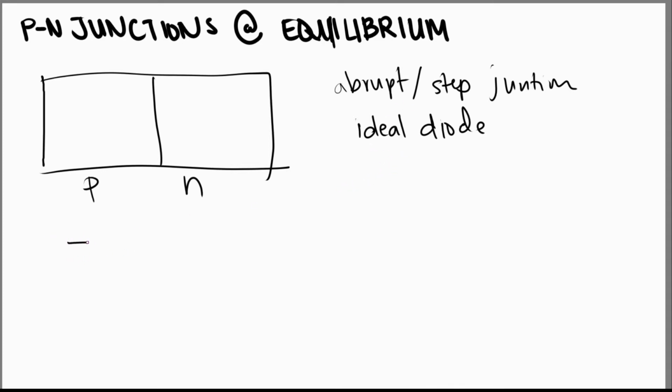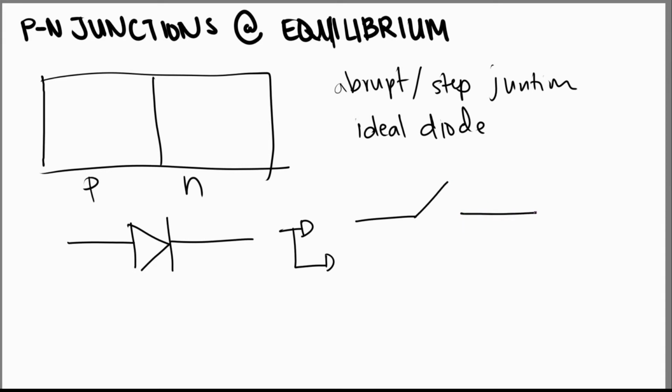For those who don't know, this is your diode. A diode is a circuit element which can behave either as an open or a closed switch. When it's an open switch, this does not allow current.